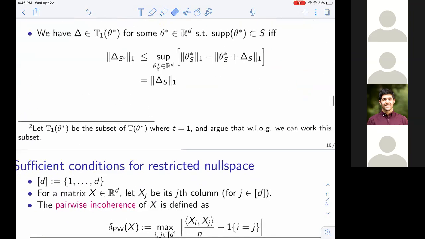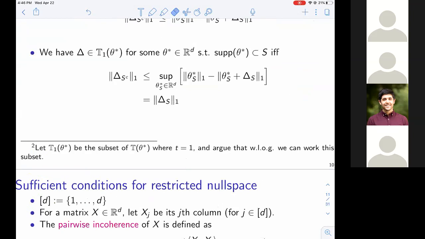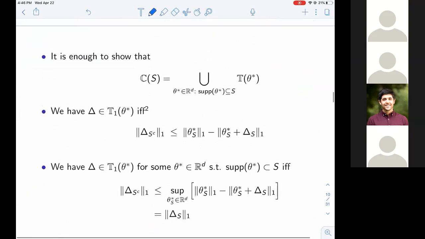So let's work with this T1, which is basically all descent directions that satisfy that descent inequality with T equal to 1. So I'm looking at the set of all these things.